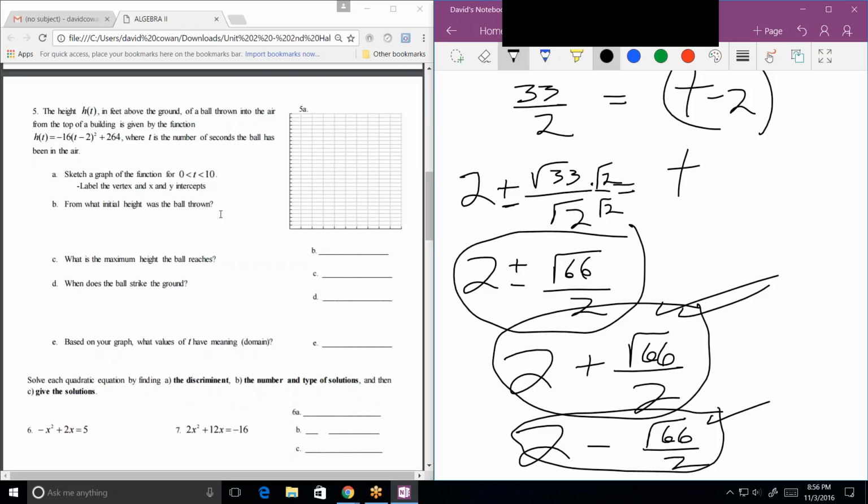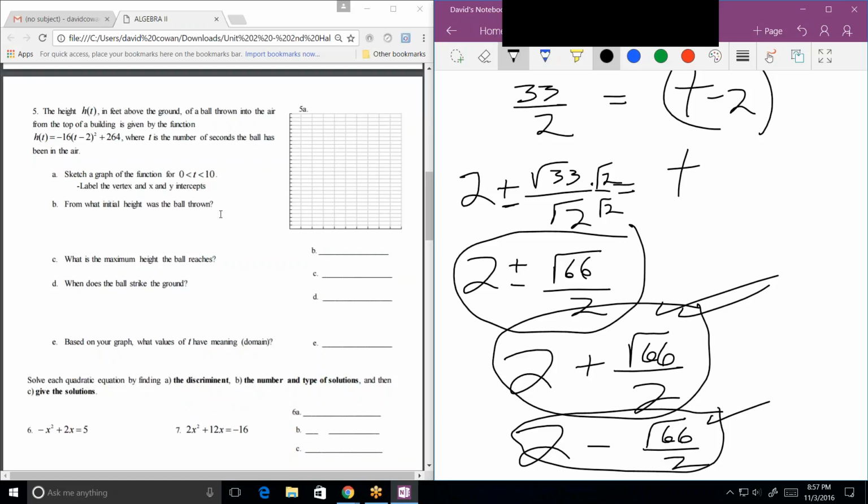No. It is thrown up. From what initial height was the ball thrown? Wouldn't it be the y-intercept? Yeah. In other words, the ball is thrown at time 0, right? Right. We figured that to be 200.